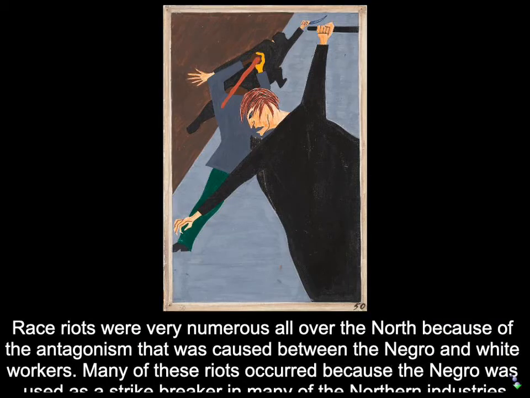And here another, and you can see there the caption: race riots were very numerous all over the North because of the antagonism that was caused between the Negro and white workers. Many of these riots occurred because the workers were used as strike breakers in many of the northern industries.